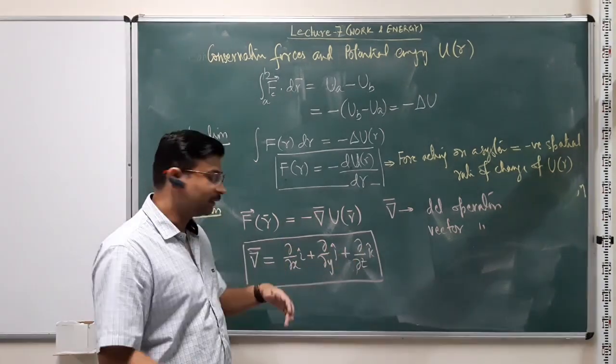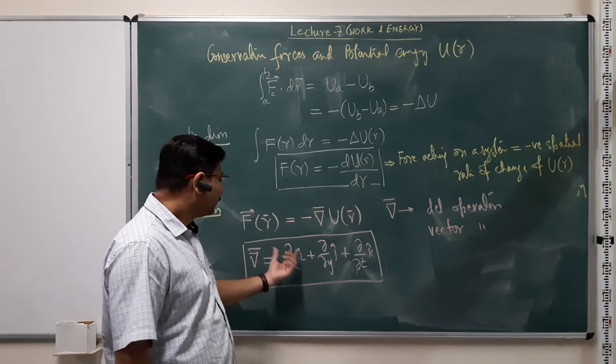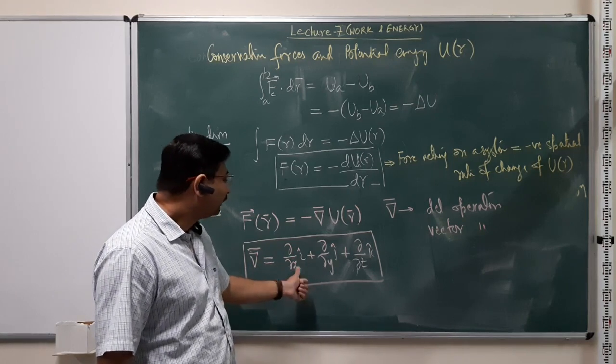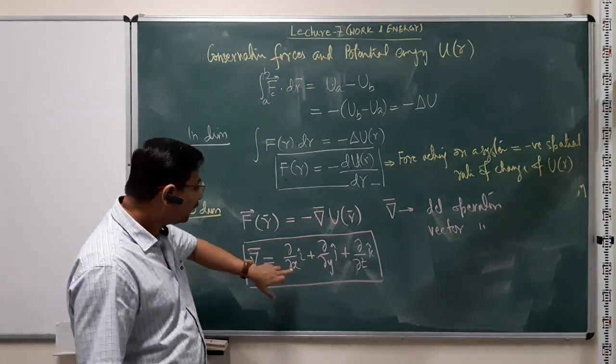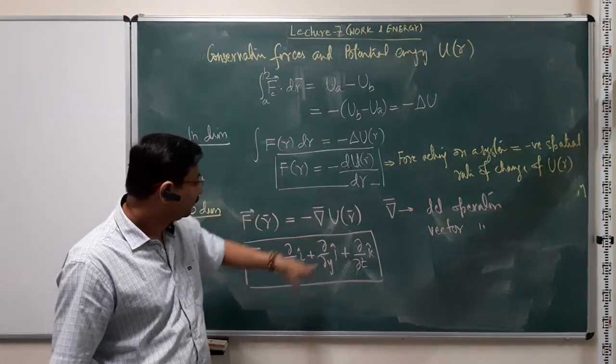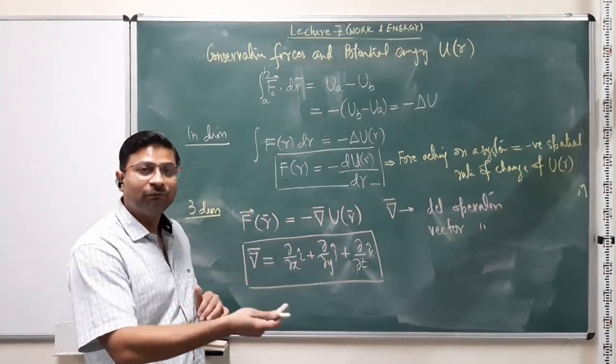So again, in the Cartesian coordinate system, each differential is a partial differentiation. What it means is, when the differentiation is happening with respect to the x coordinate, we don't consider changes in y or z coordinate.